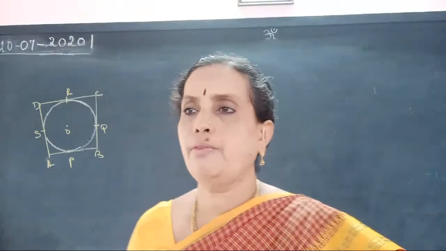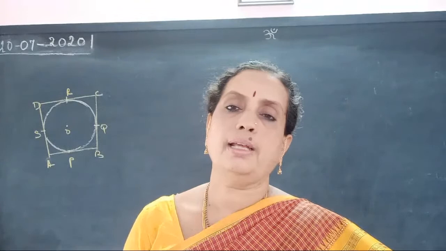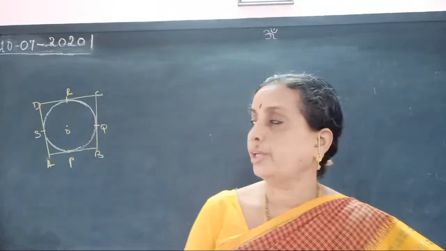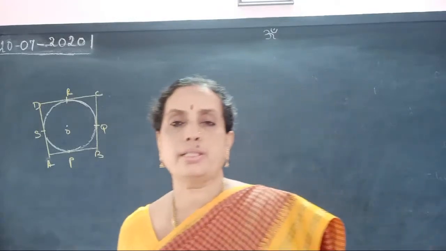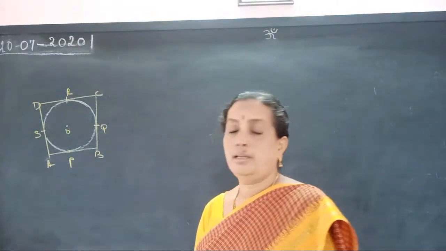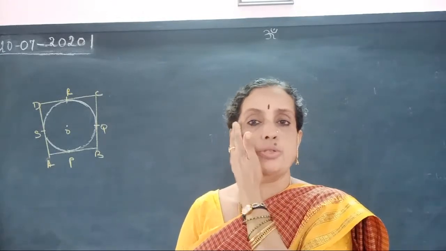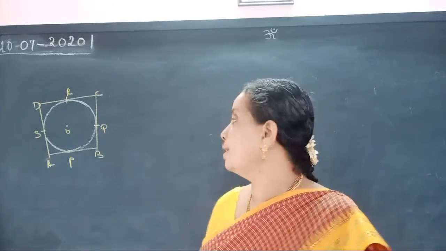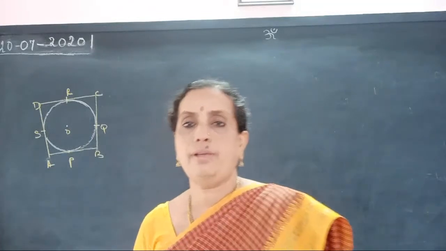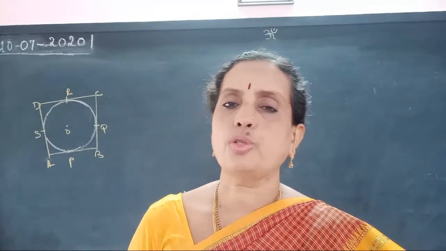The method of asking: if instead of a quadrilateral it is a parallelogram, we can prove that it is a rhombus, not a rectangle. Same thing, giving three sides, they will ask to find one of the sides using the property. That is, when a quadrilateral circumscribes a circle, the sum of the opposite sides is equal. That is, AB plus CD equals BC plus DA. It is a known fact. We are going to prove it. After proving that, based on the concept, we have problems to solve. Is it clear?